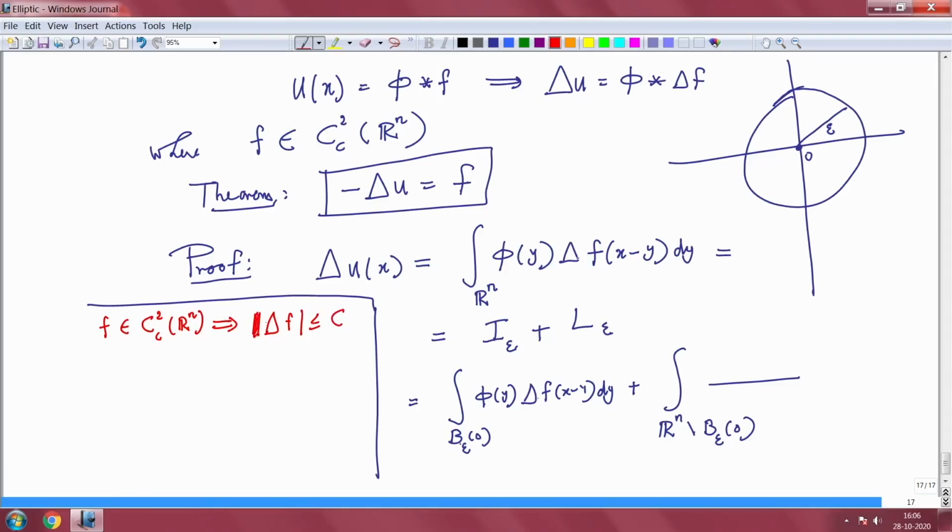You can take that constant outside, and then it is a local thing. A function that is integrable, integrated on a set of small measure, will give a small value.